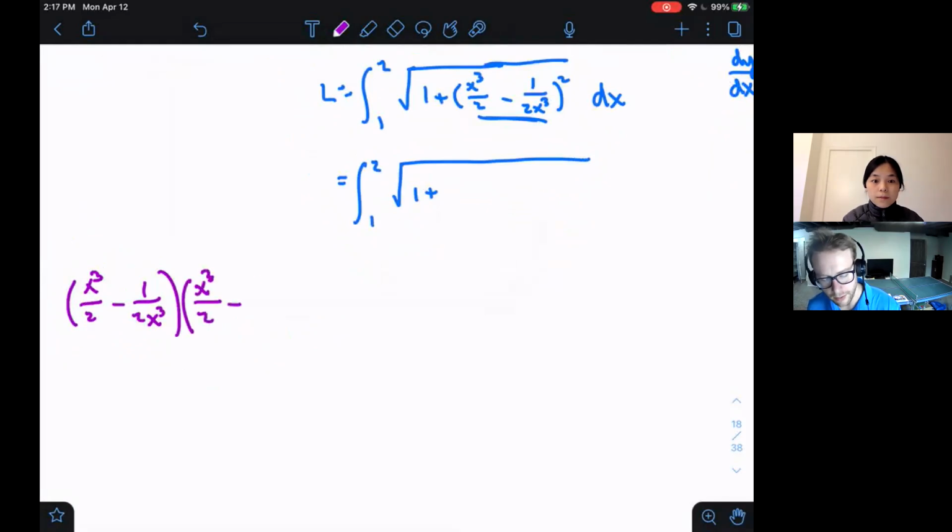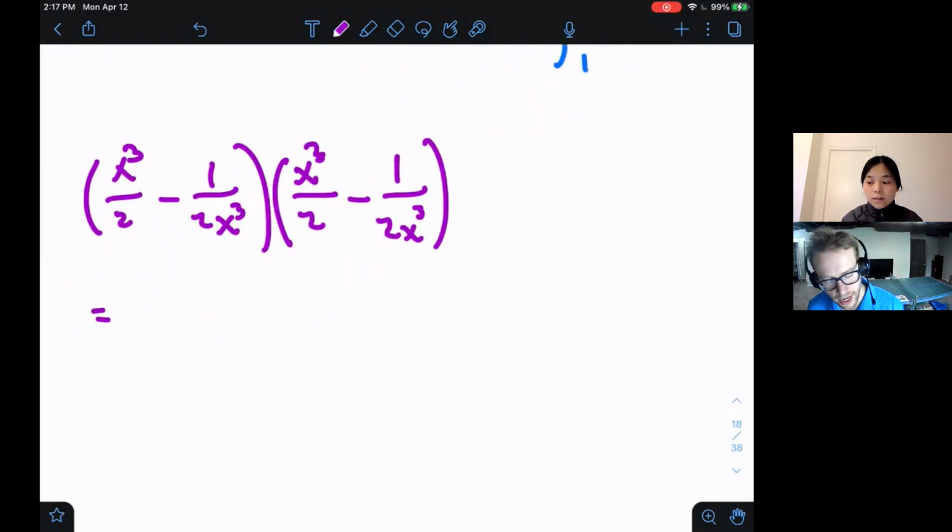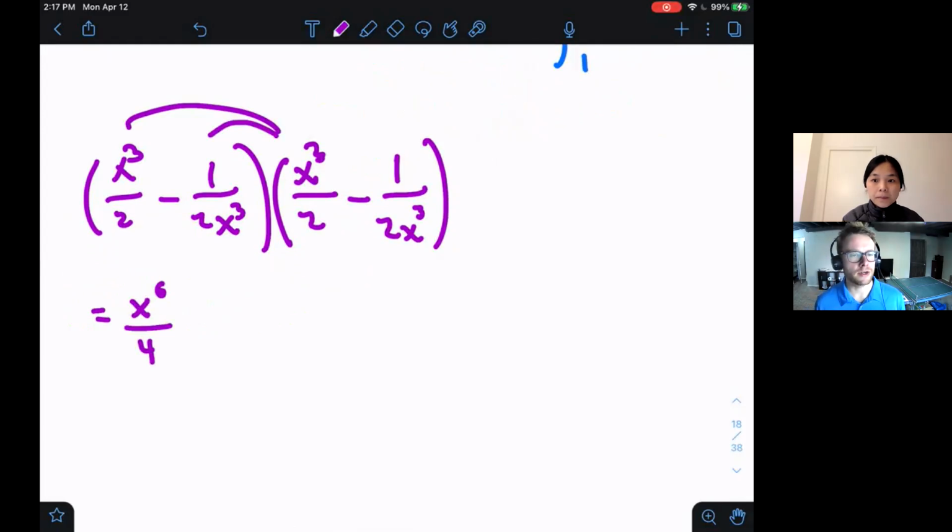So I'm just going to write another one. That way I don't forget to do all the pieces, the first, the inners, the outers, and the lasts. And so let's go ahead, and if I was to do the firsts here, I would get x to the 6 divided by 4. If I was to do the inners, oh, that's nice. The inners, right? The x cubed on top and the x cubed on bottom kind of nicely cancel. And so this is just going to give me -1/4, right?